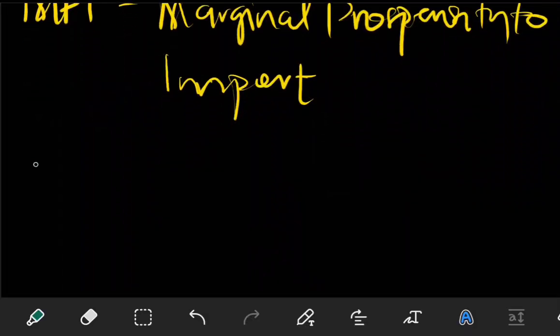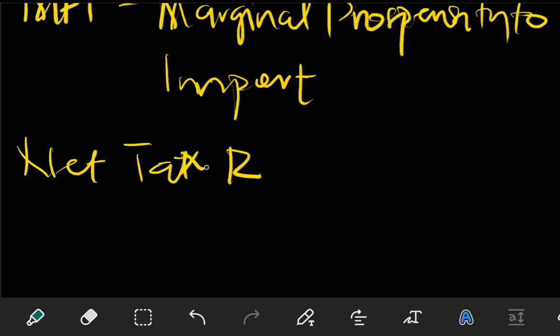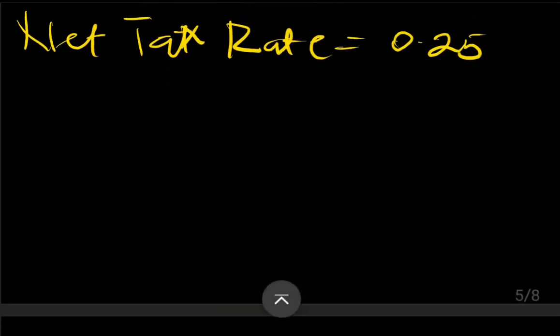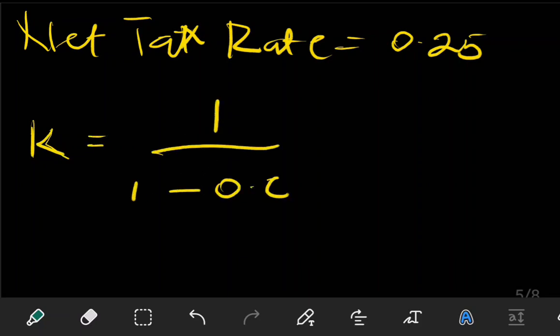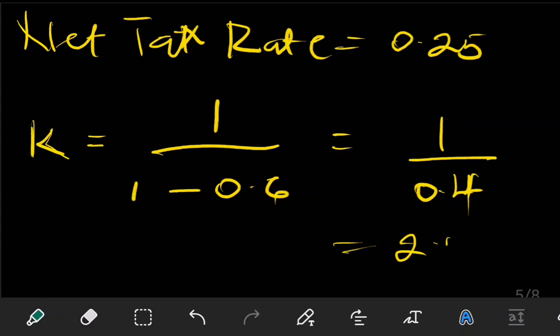In the question, the net tax rate is equal to 0.25. When we substitute our values into the formula, K will be equal to 1 over 1 minus 0.6, which is 1 over 0.4, and which gives us 2.5.